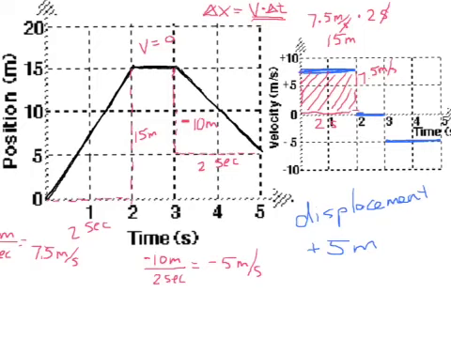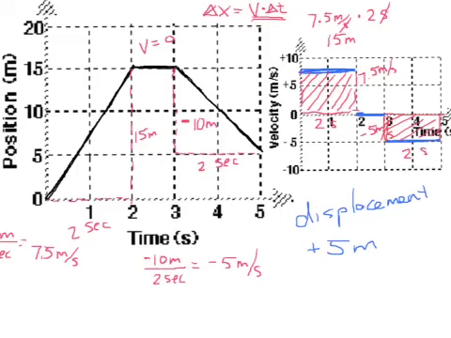And if we then look at the last segment, and we make our little rectangle, we see we have a value of -5 now for the velocity. So we have a -5 meters for every second, and we have that over a 2-second time interval.